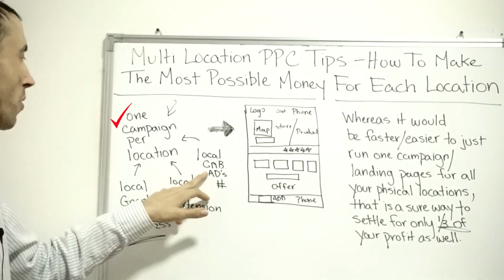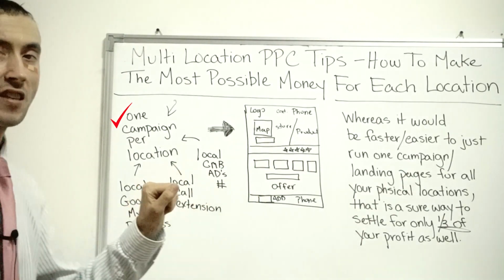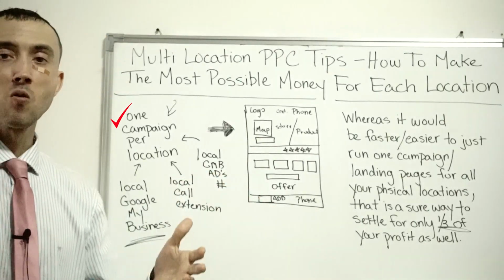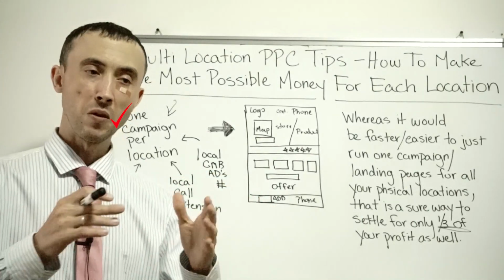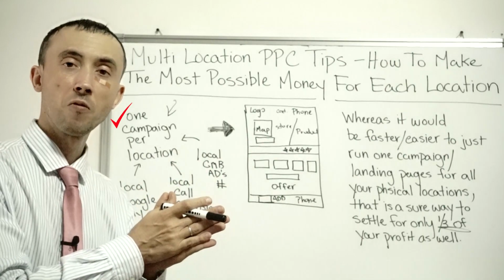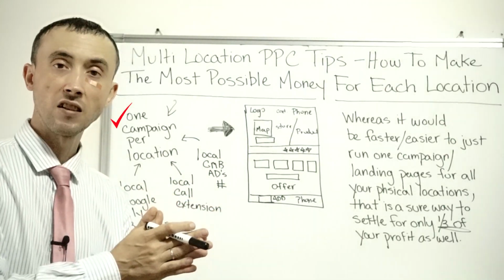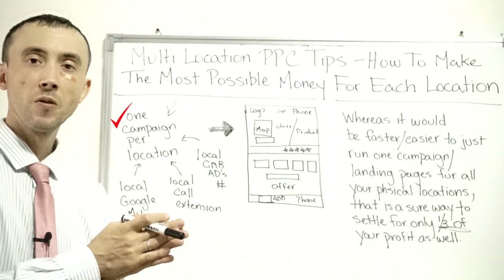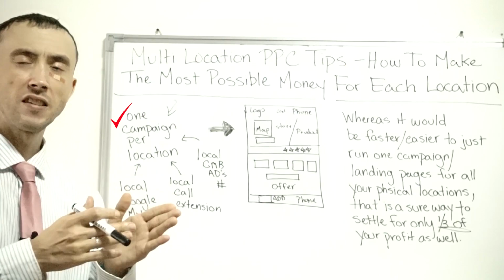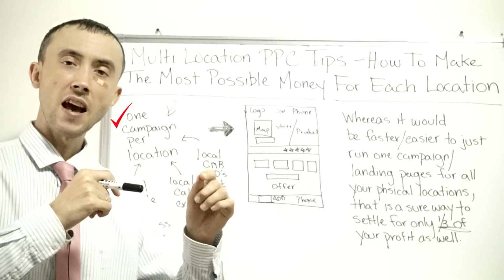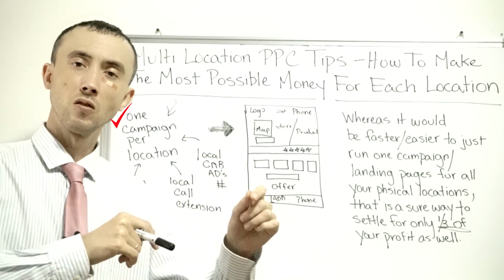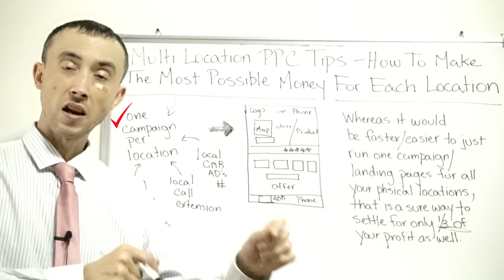And then furthermore, you want a local Google My Business ads number, because a lot of people don't know how to track phone calls from people who call from the Google My Business listing. You can actually show up in the Google My Business 3-pack organically.